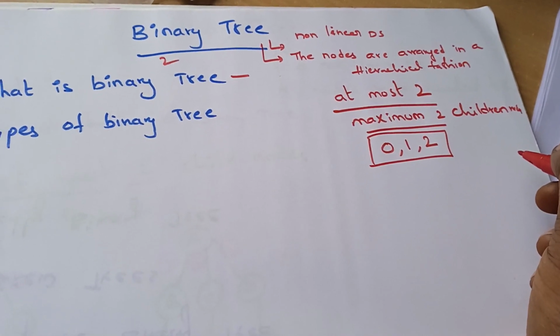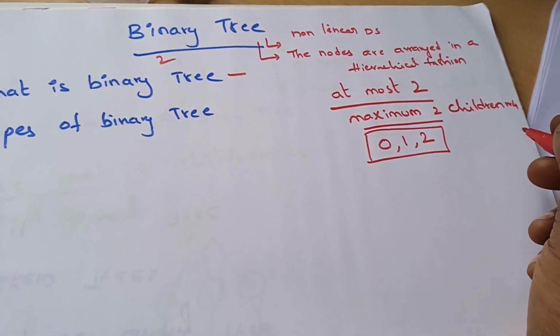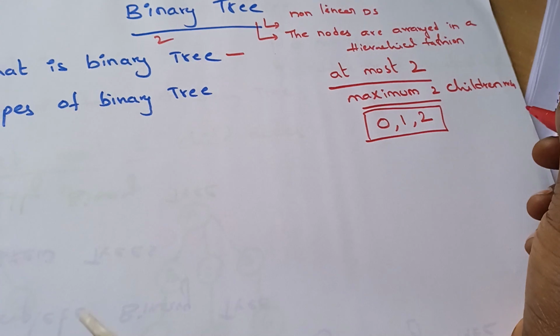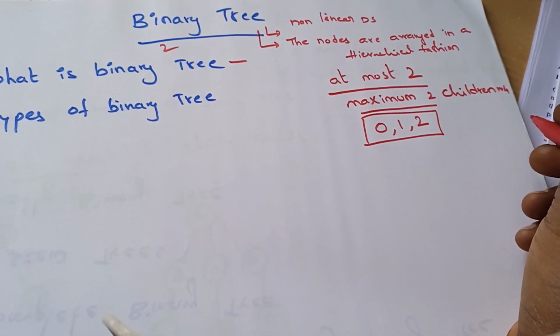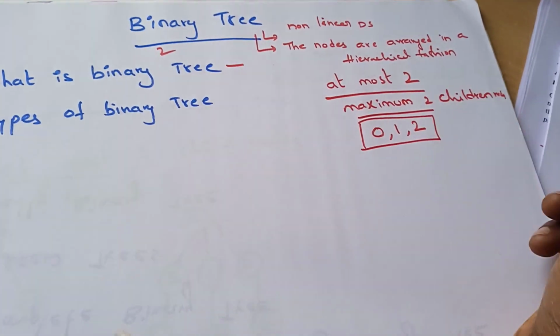A tree is called a binary tree when it is having at most two child nodes.